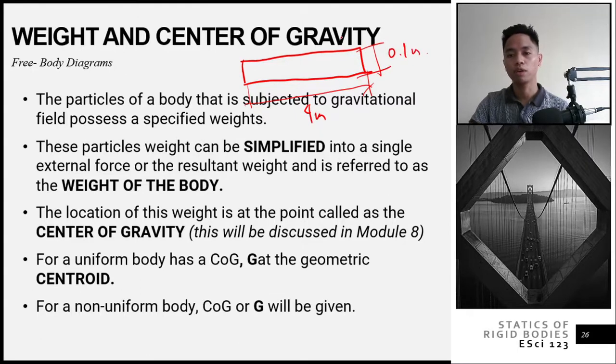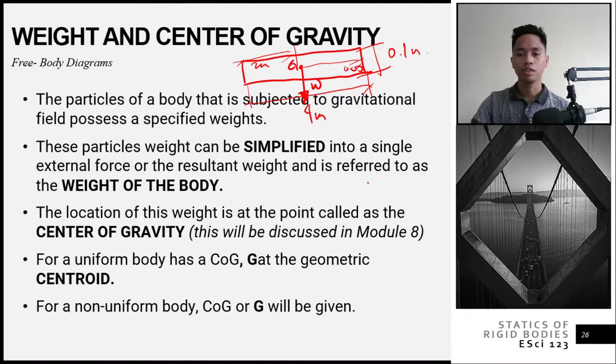Since this is a uniform body, the center of gravity is already at the centroid. So half of this would be your 0.05, and half of the length would be 2 meters. So therefore the weight acts there. This would be your center of gravity, or that is also your centroid.